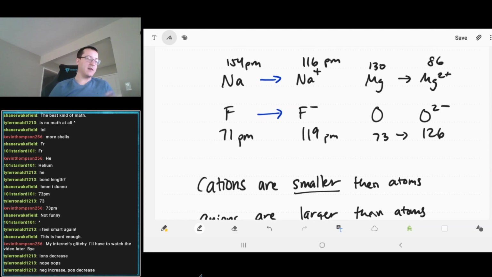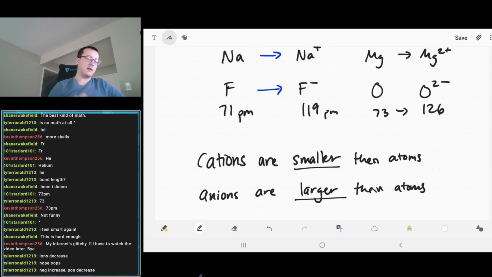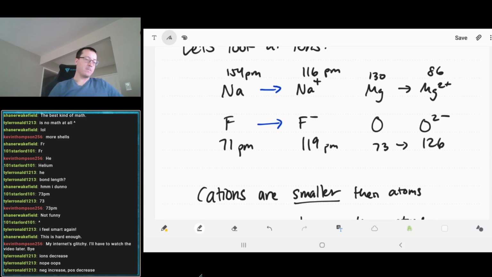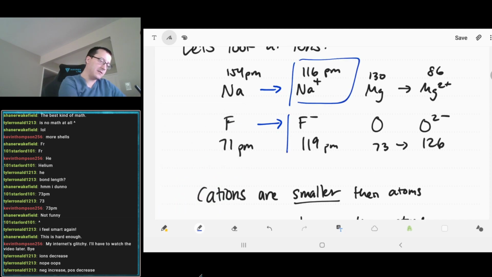So again, there's no need to memorize these numbers or anything like that. We're just looking at trends here. So why do we think that cations are going to be smaller than the regular atoms they represent? And interestingly enough, what do we notice about these two, electron configuration wise?